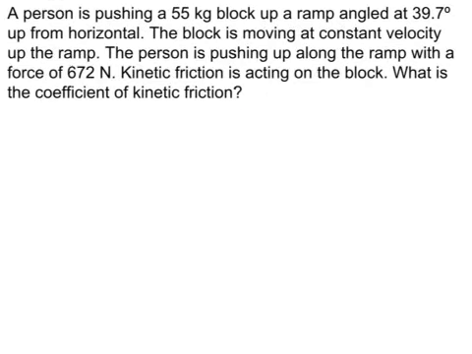Okay, here's another problem. Block being pushed up a ramp. Whenever I have a block being pushed up a ramp, I draw my ramp so it's going up as we move to the right. That way the block is moving in the positive, rightward direction. So let's draw the forces on the block.